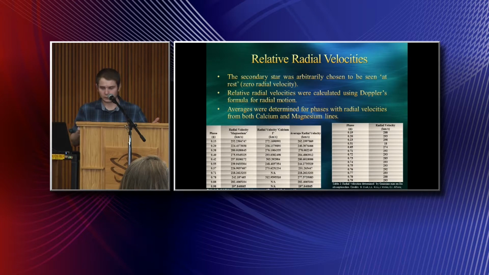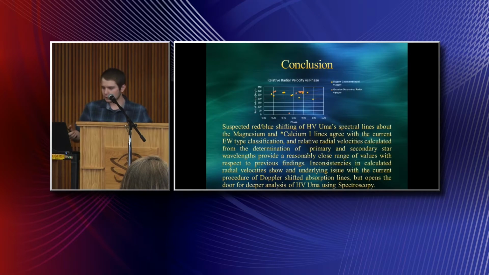The data table on the left shows the values that we found, and the data table on the right shows the determined velocities from Sack and his team of astronomers. The final plot here shows the relative radial velocities versus the phase.